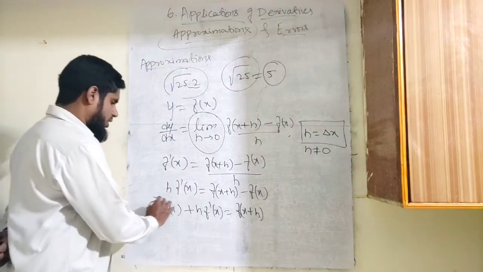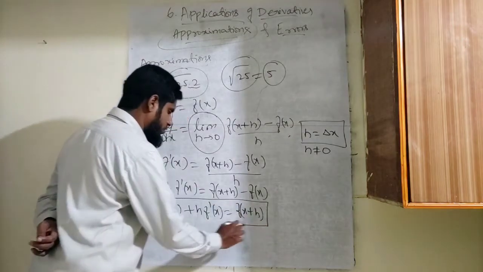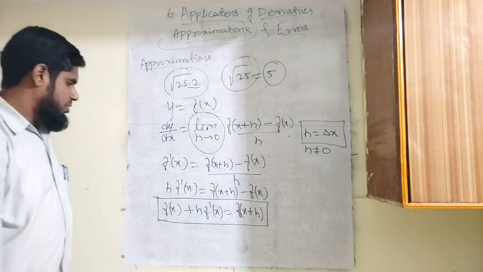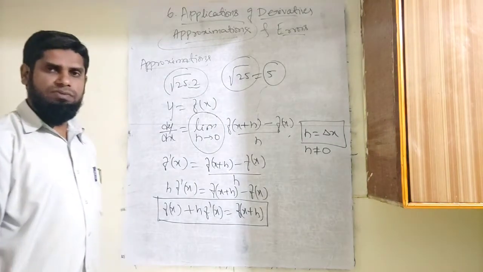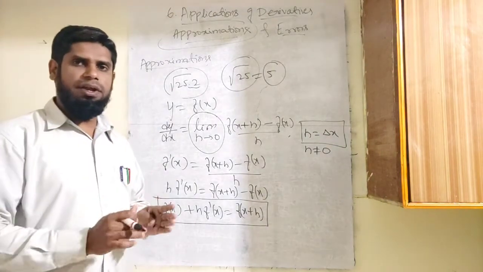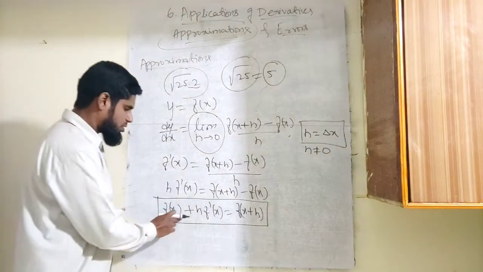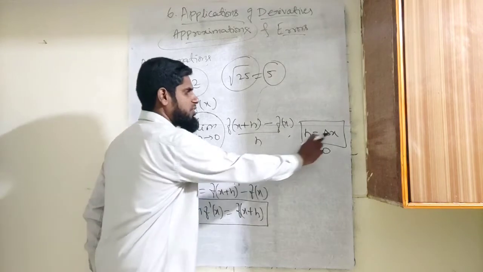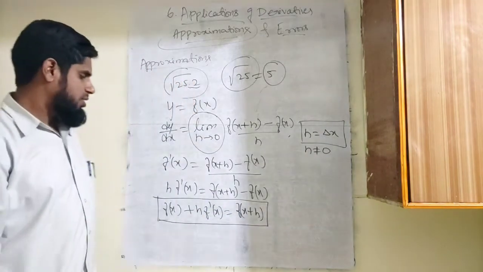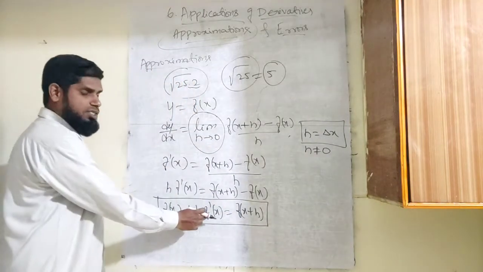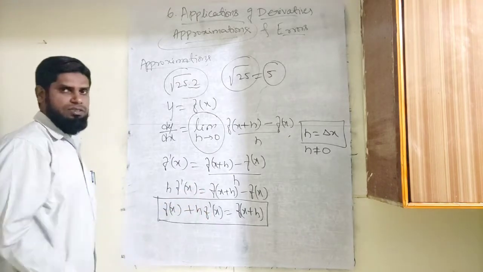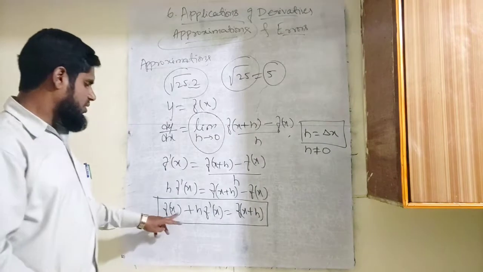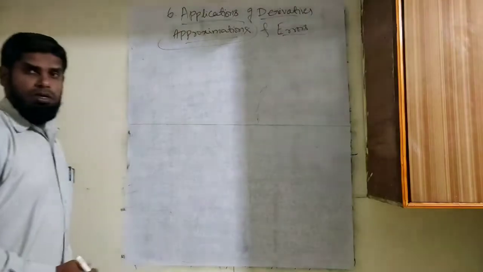So this is the exact formula to find approximations. To find the approximate value of any function or any quantity, we will use this formula, where h is a small change in x-axis, f dash is the derivative of that function, and f of x is a real function.